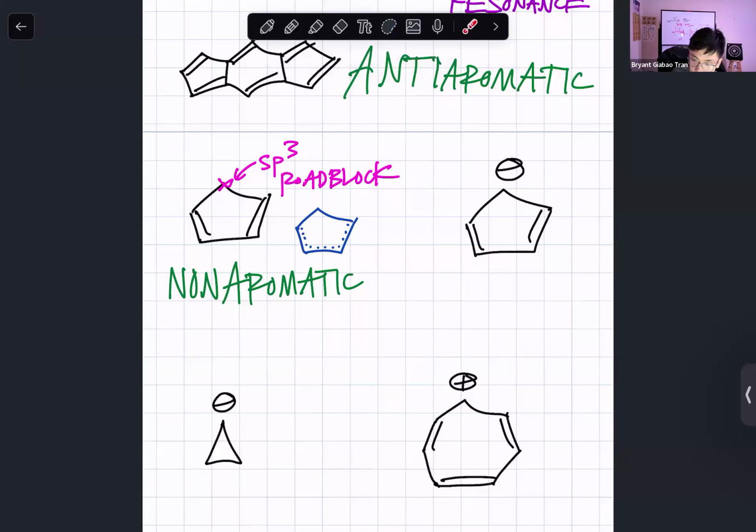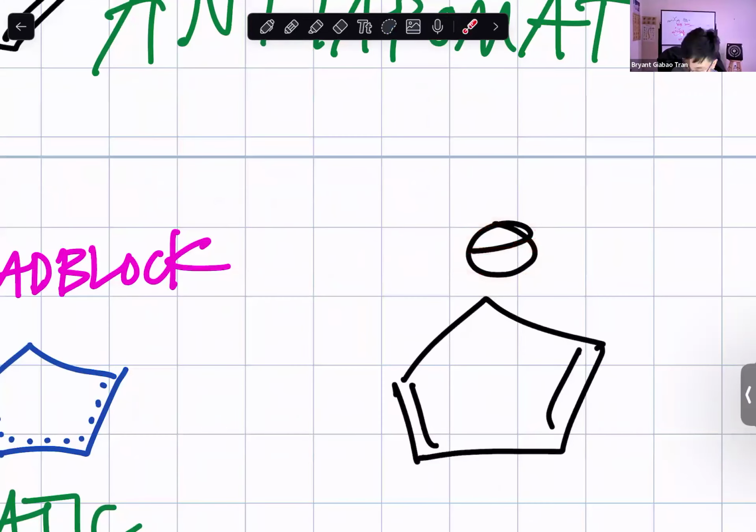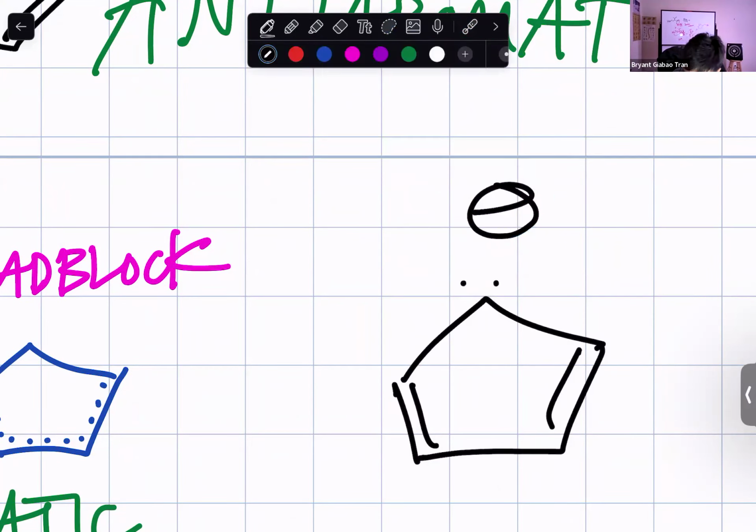For the second one right here, the difference between the second one and the first one is this pair of electrons, right? There's a negative charge on that carbon, giving that carbon a pair of electrons. The question won't give you that pair of electrons.